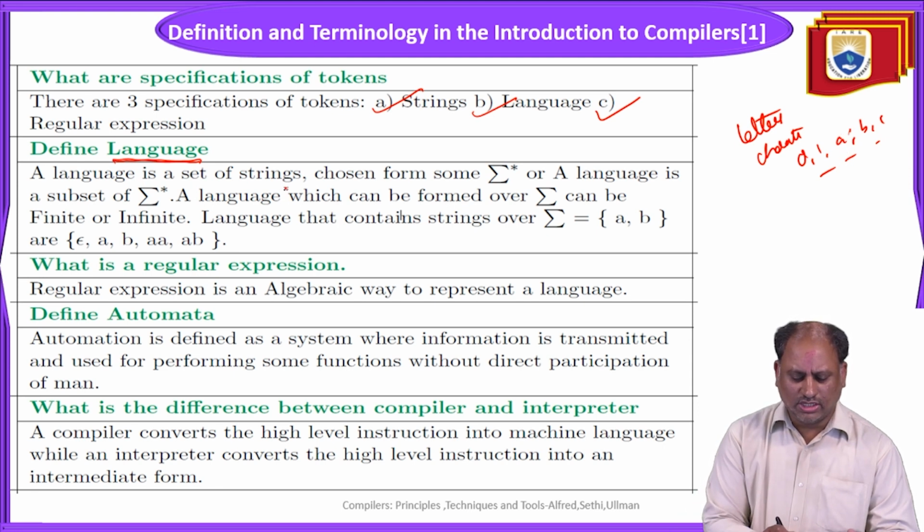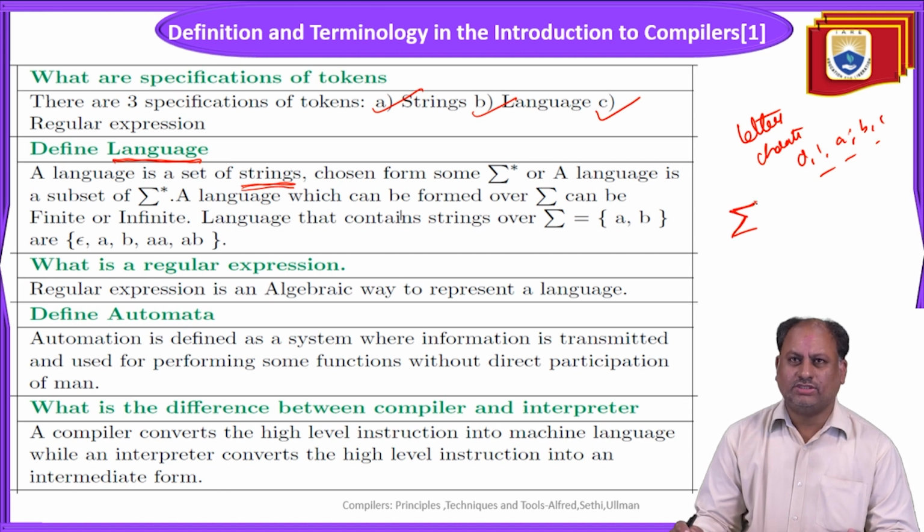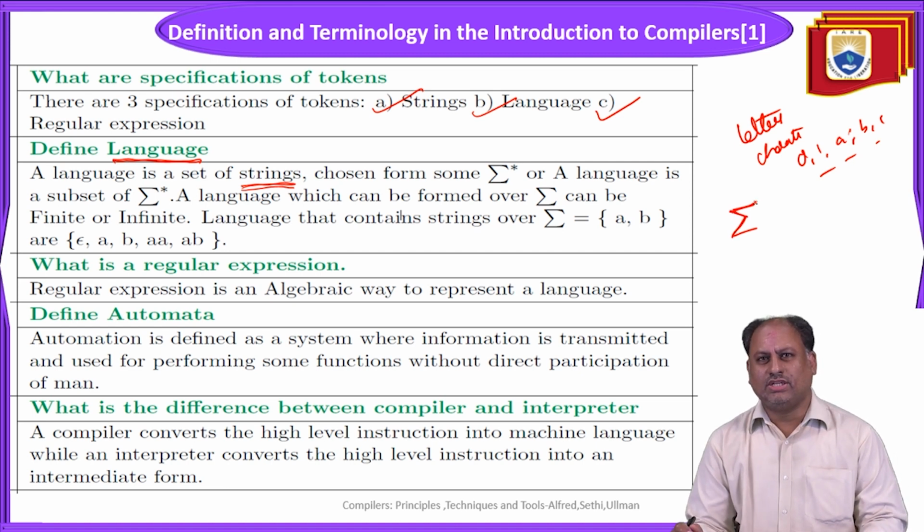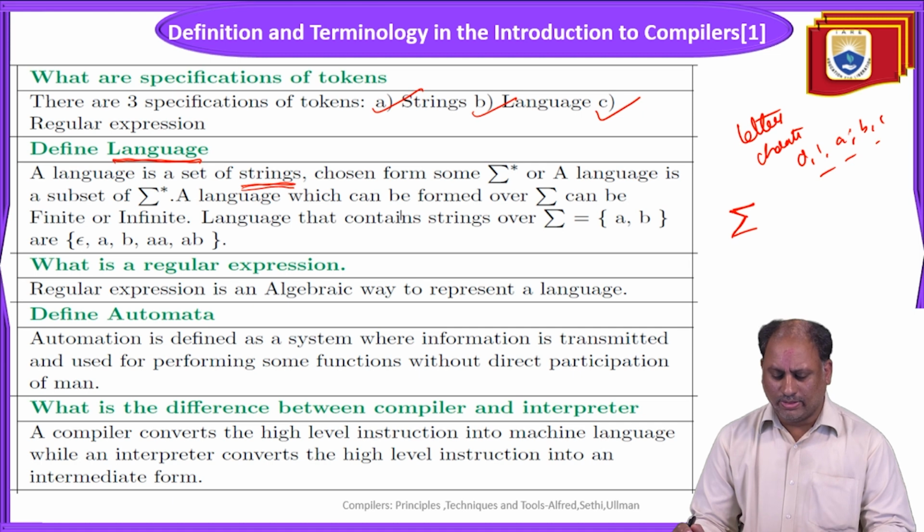When put together, this is called a string. Now these strings are to be chosen from the alphabet only. So what is an alphabet? Individual letters. This is defined with the notation called sigma.